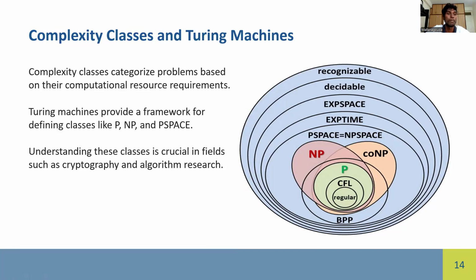Alternating Turing machine combines features of the non-deterministic Turing machine and the deterministic Turing machine with alternating existential and universal states. Linear bounded automaton: a Turing machine with a restricted tape length proportional to the input size, used for context-sensitive languages.